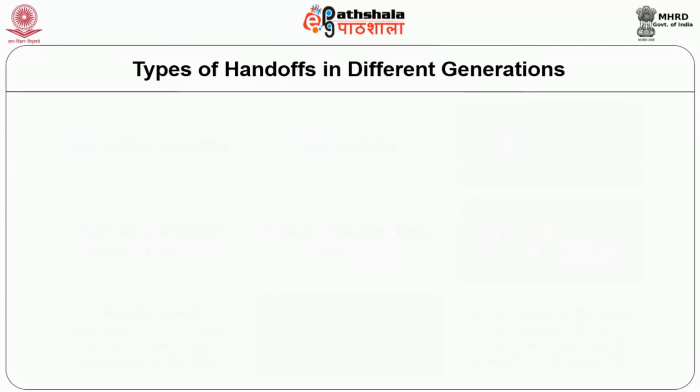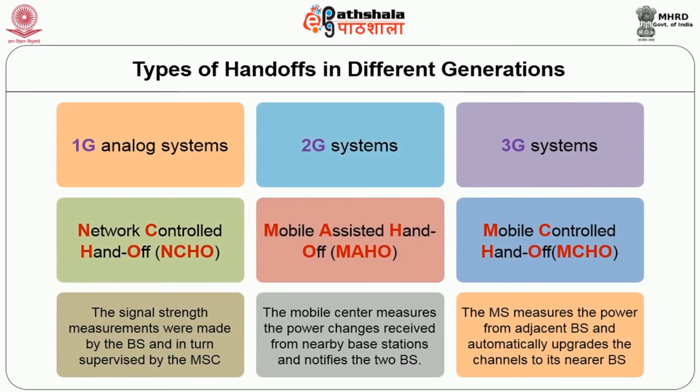Let's take a quick look at what types of handovers are used in different communication standards. For example, in 1G, the handovers were handled by the base station supervised by the MSC. Handoffs in this generation are known as network controlled handover.